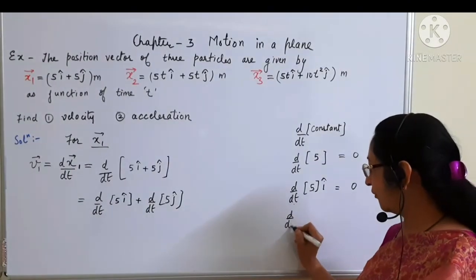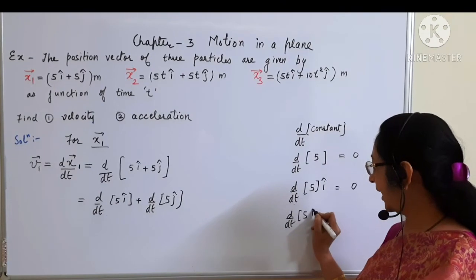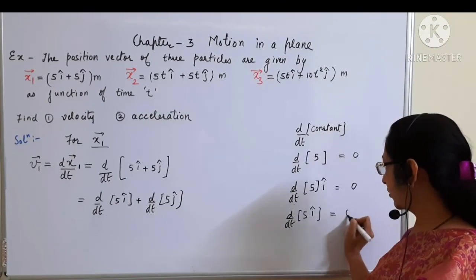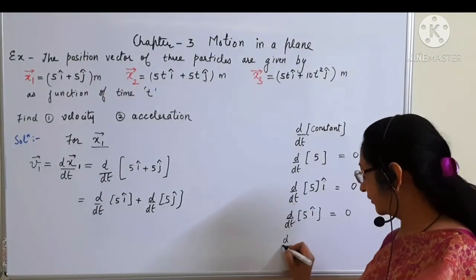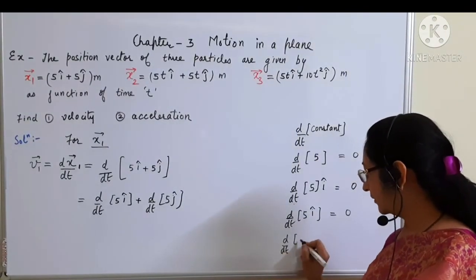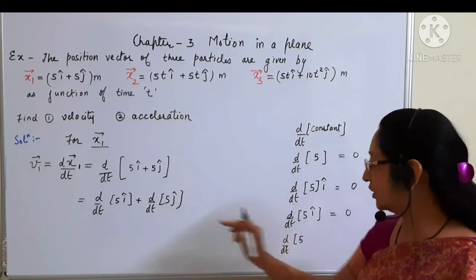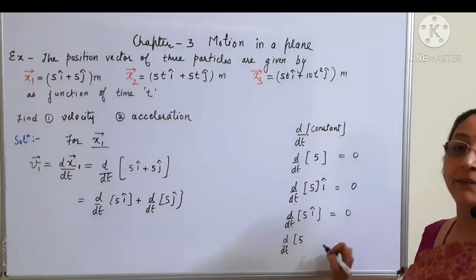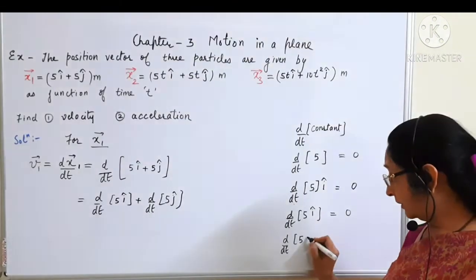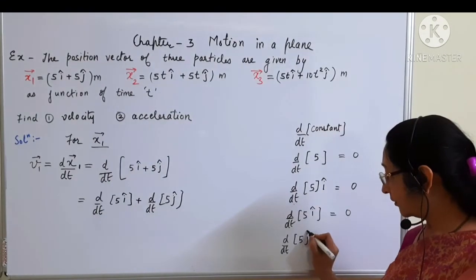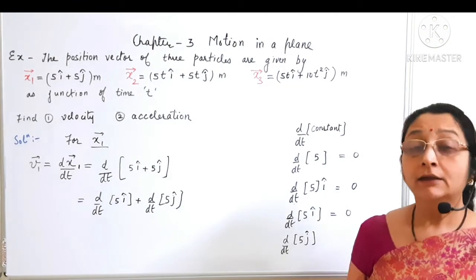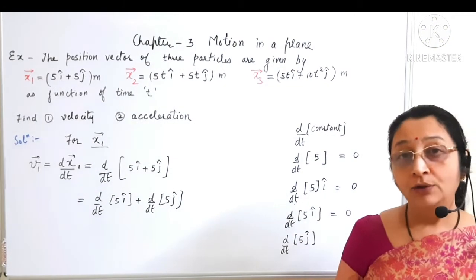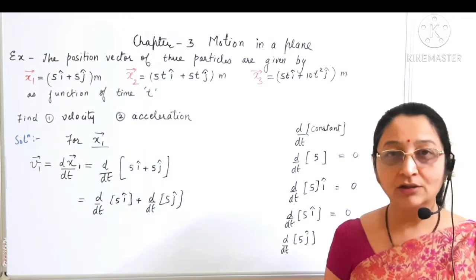So d by dt of 5i is 0. Similarly, the differentiation of 5j. j is the unit vector along the y direction.